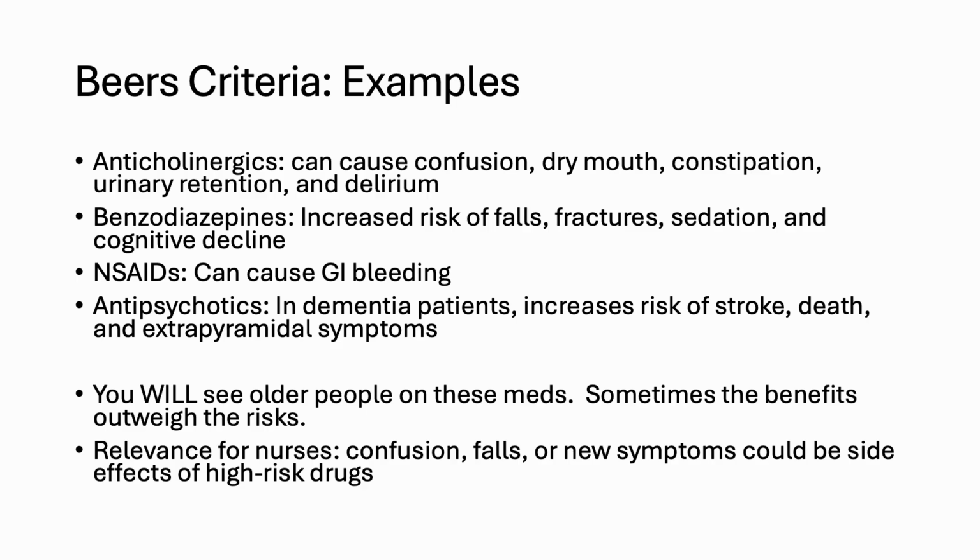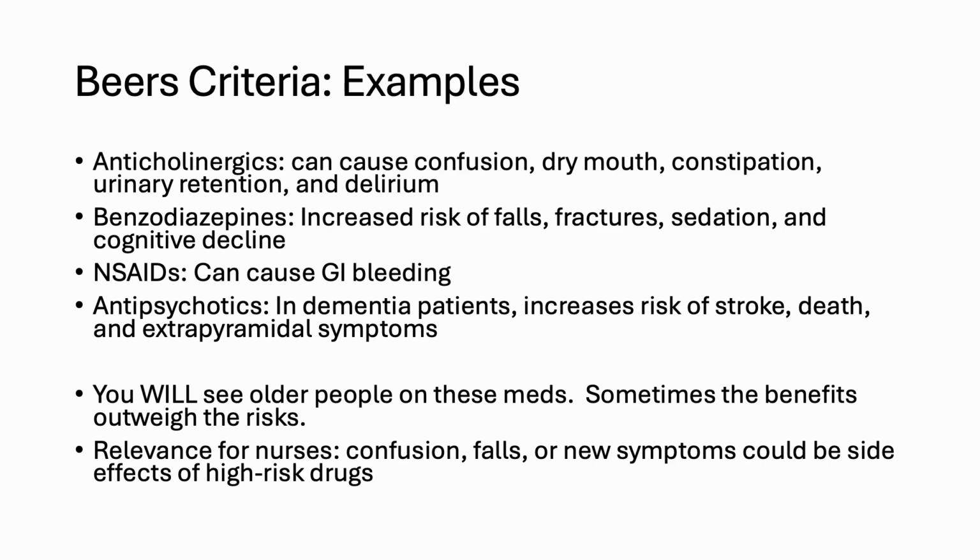Benzodiazepines, those tend to have a really strong effect on elderly people. NSAIDs, antipsychotics. You will see older people on these meds because sometimes the benefits outweigh the risks. Let's say that someone needs an antipsychotic because they have a diagnosis of schizophrenia. They need it, or they are going to have an acute exacerbation of their schizophrenia.